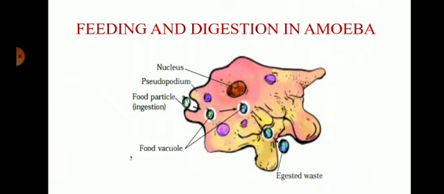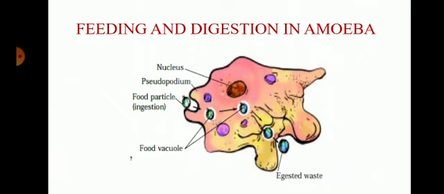These vacuoles are of two types, food vacuole and contractile vacuole. Food vacuole contains food surrounded by water, while contractile vacuole contains water and controls water regulation in amoeba. Its shape is not fixed.